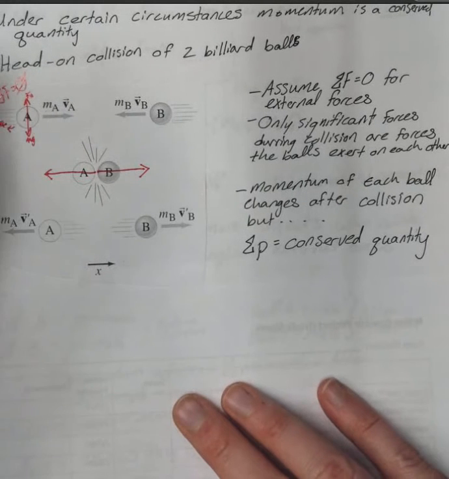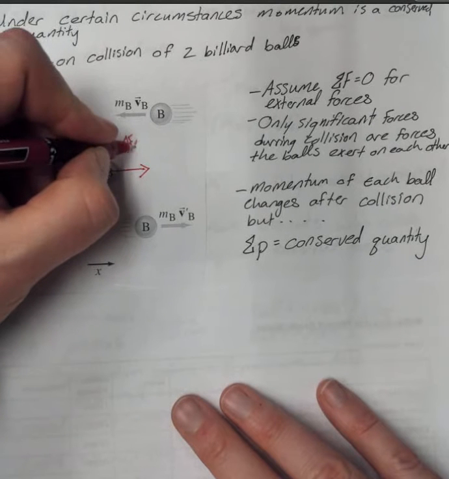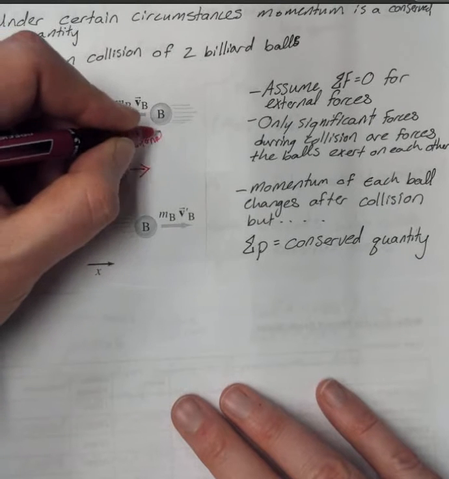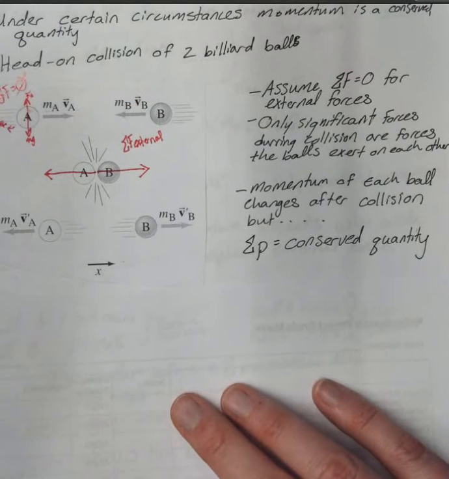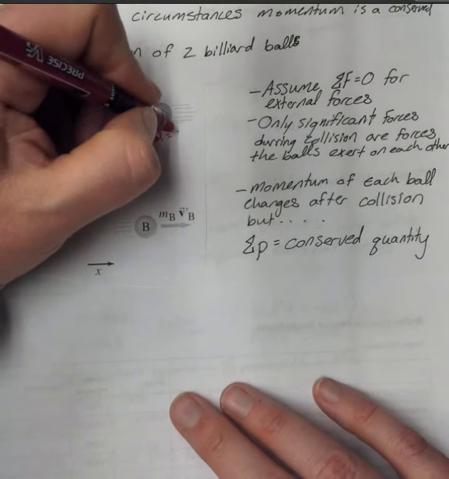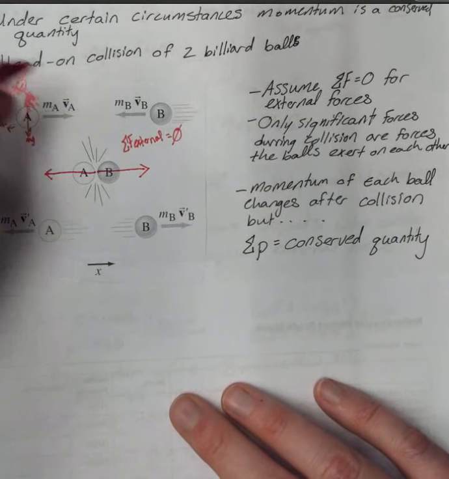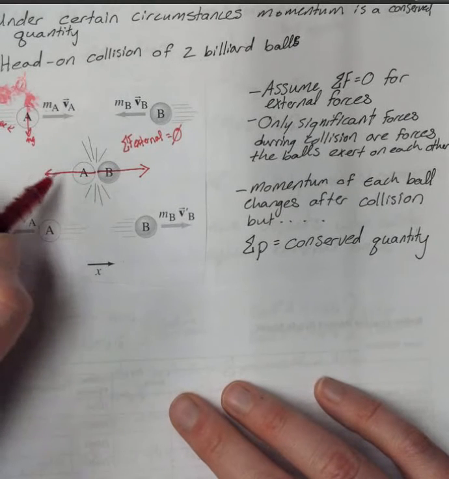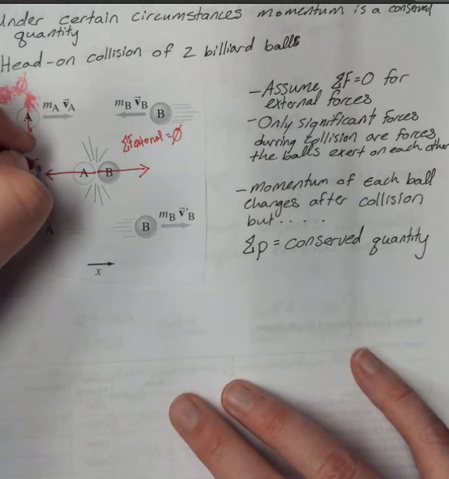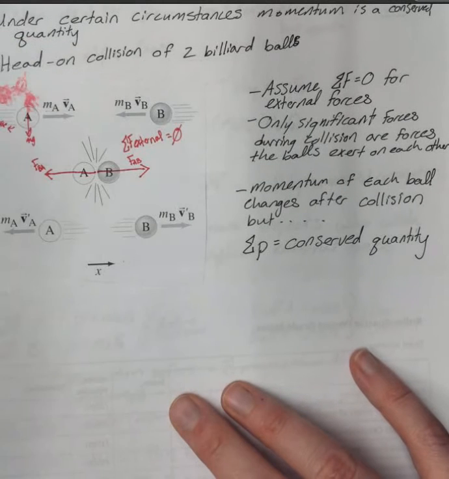We're just going to assume every other net force, normal force, gravity, friction, any other forces that could potentially be acting, are pretty darn close to 0 or exactly 0. So the only forces acting during the collision are the force of ball B on ball A and the force of ball A on ball B.